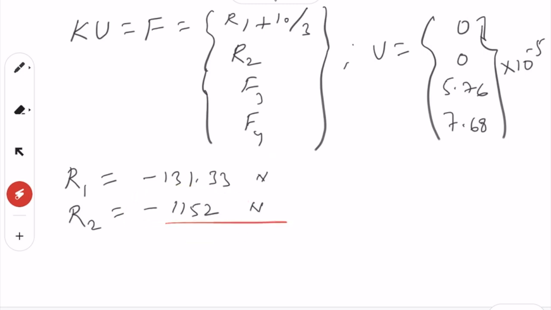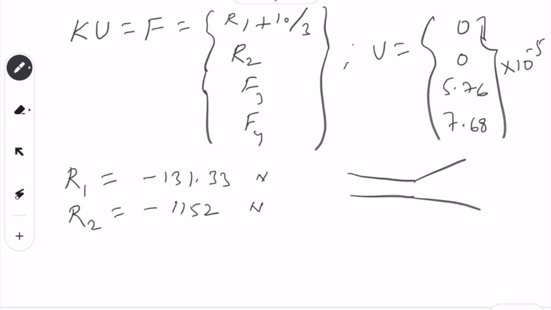It's actually a good idea to compute R1 and R2, because this tells you that the reactions have to be equal to the total force. So if you look at the problem, you have here B, which is given as 10 Newton per meter, and there are 2 meters.